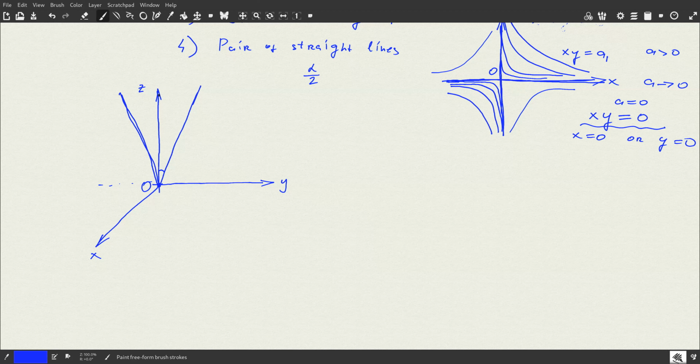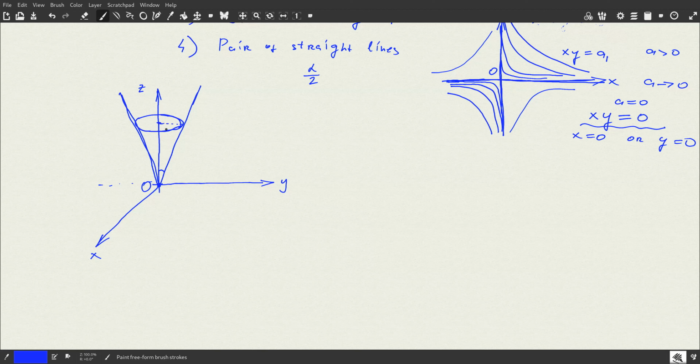Okay, so what would be the equation for this cone, first of all? Let us consider a certain value of z. And by the way, we already know that if we intersect this cone with a horizontal plane at the z coordinate, then it would intersect our cone obviously with a circle. We already know that.